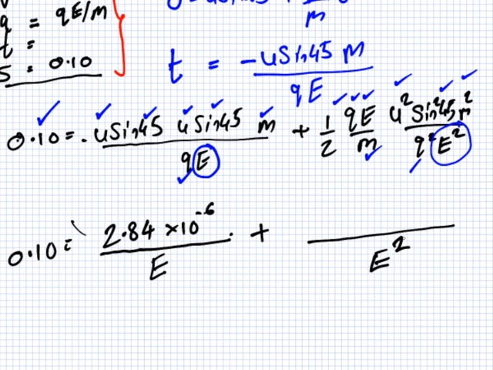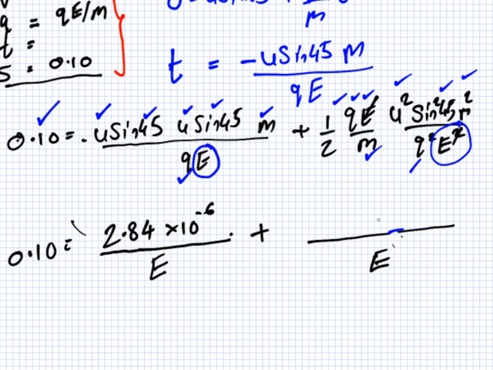Okay, a half times, on the top, Q. Now look here, that E cancels with that, so I actually can get rid of that power there, which is nice.